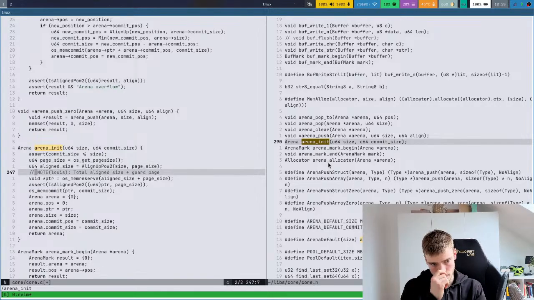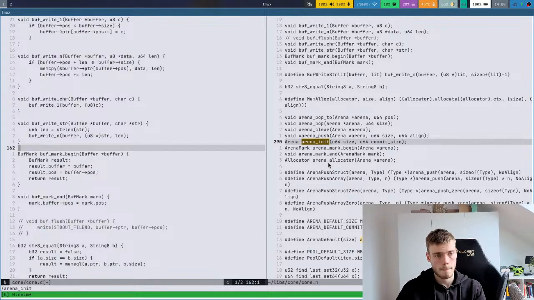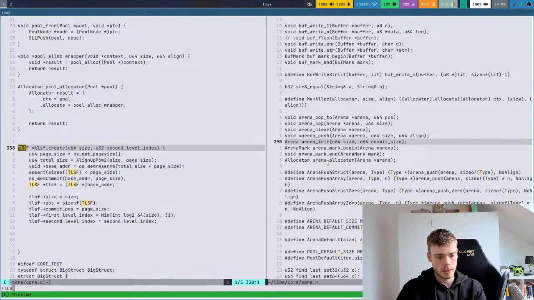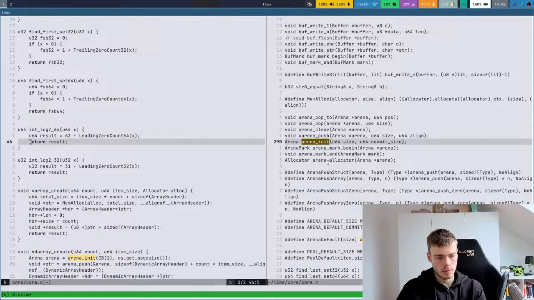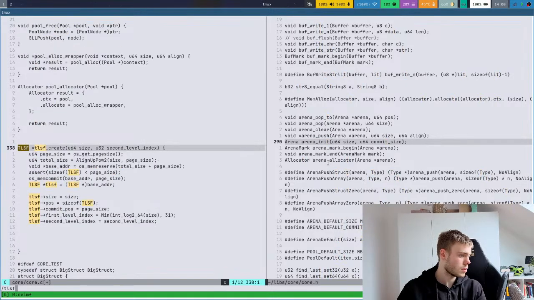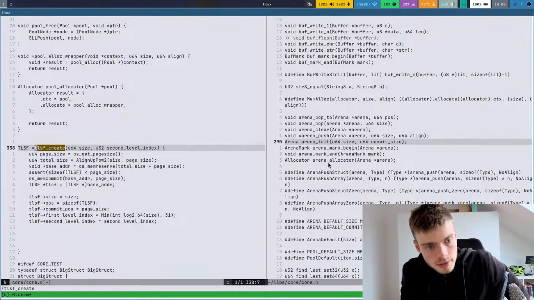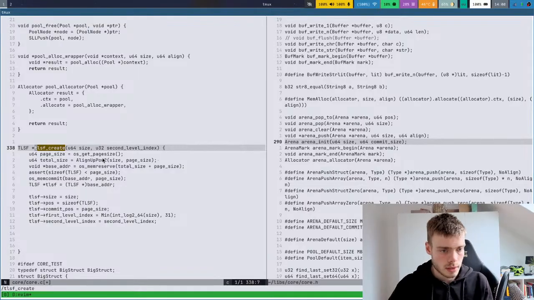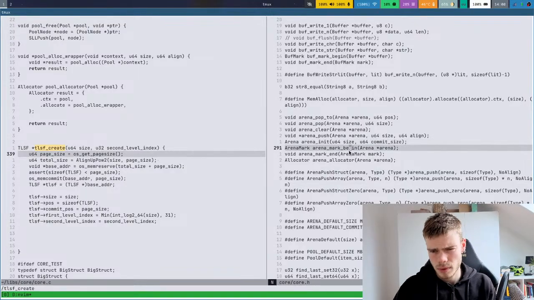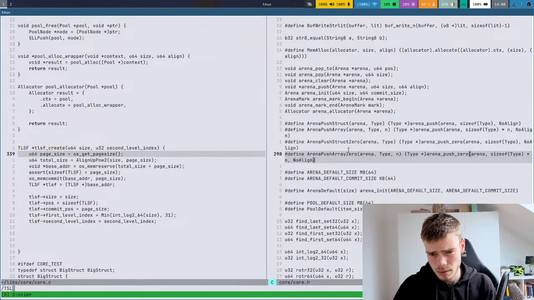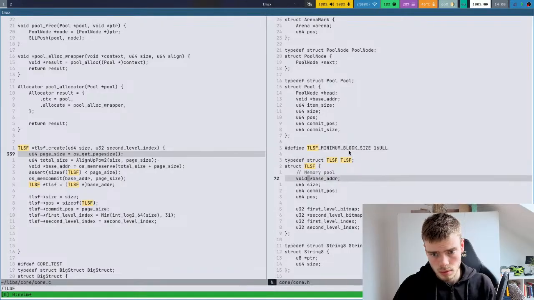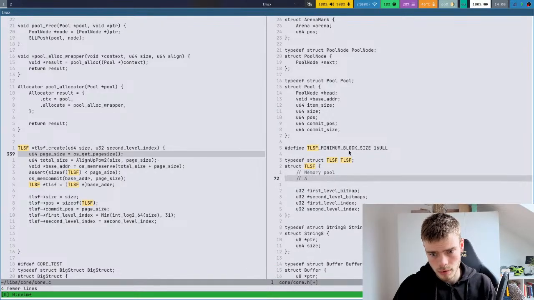No. TLSF create. Let's say this thing has an arena that makes it so you don't have to duplicate all of this stuff.